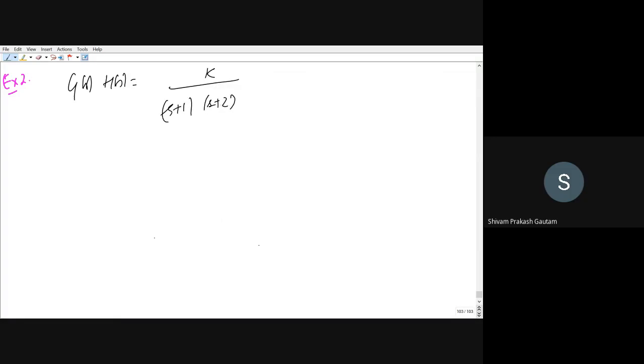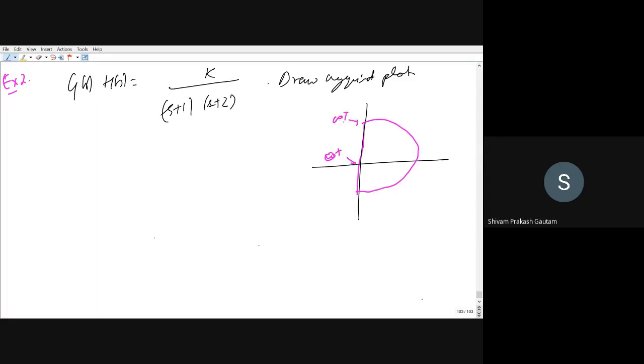We have to draw the Nyquist plot. Again, the Nyquist contour will be the same for this. This is omega equal to 0 plus. This is infinity plus. This is 0 minus. This is minus infinity.